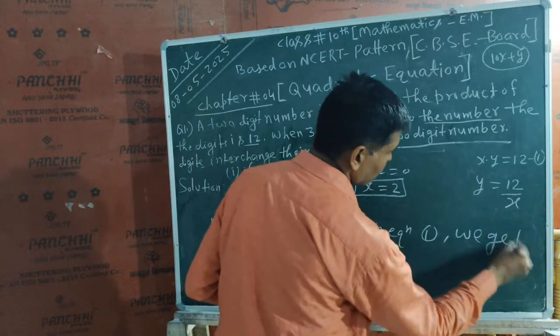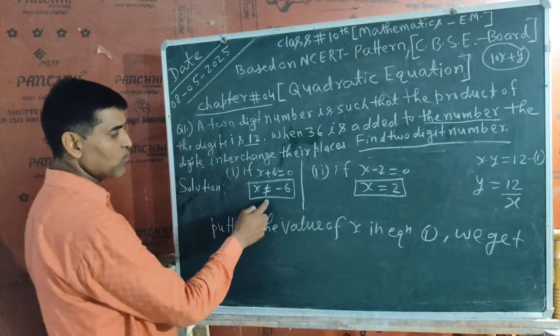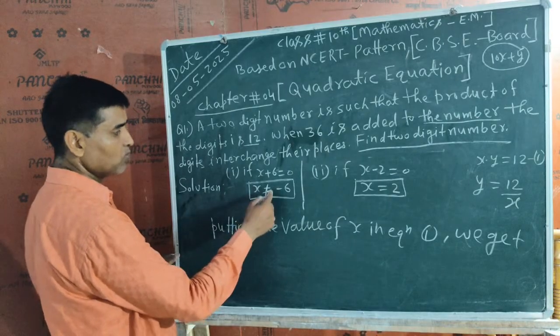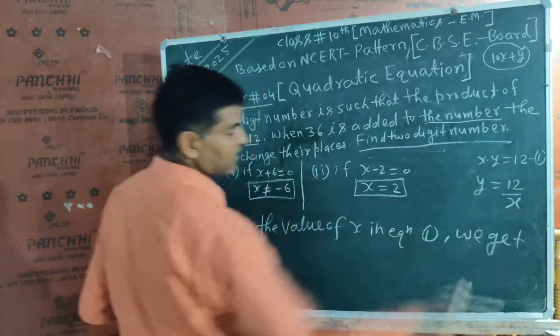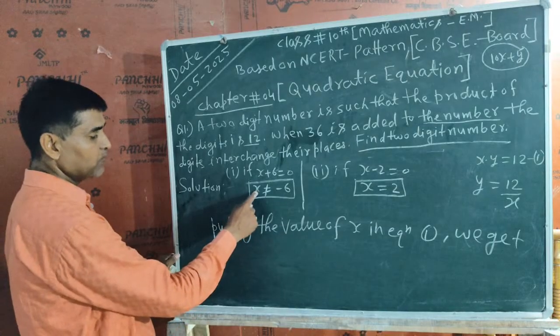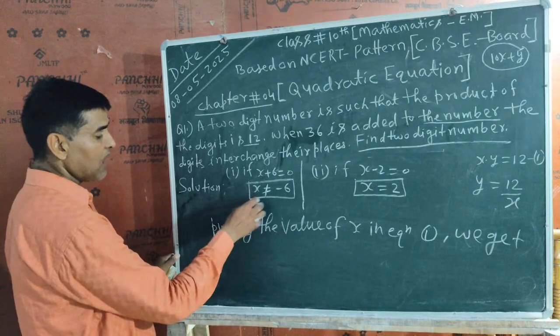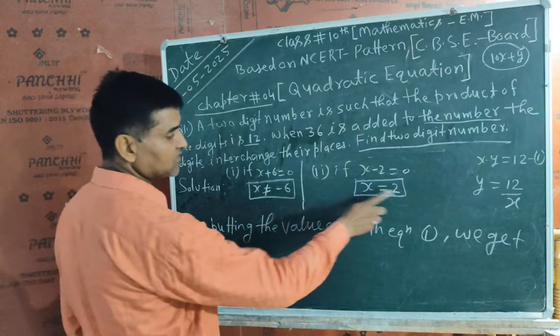This value I will not take, because then the value of y will be minus 2, so the product of x and y will be minus 12, which is not given in the question. So I will reject x is equal to minus 6, and I will only consider x is equal to 2.